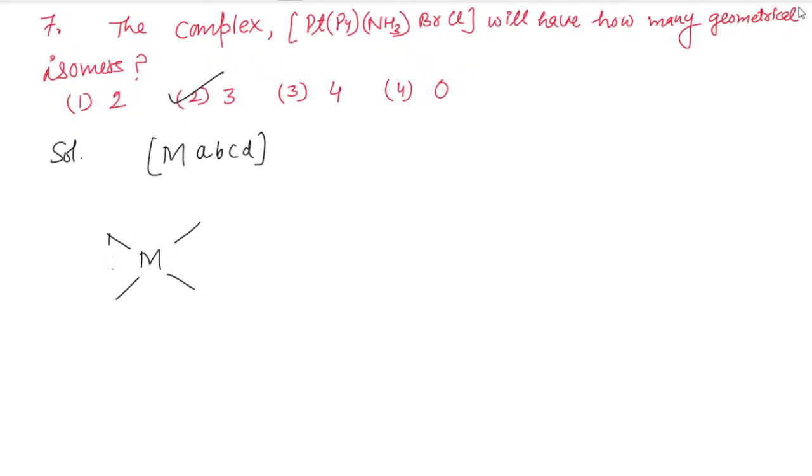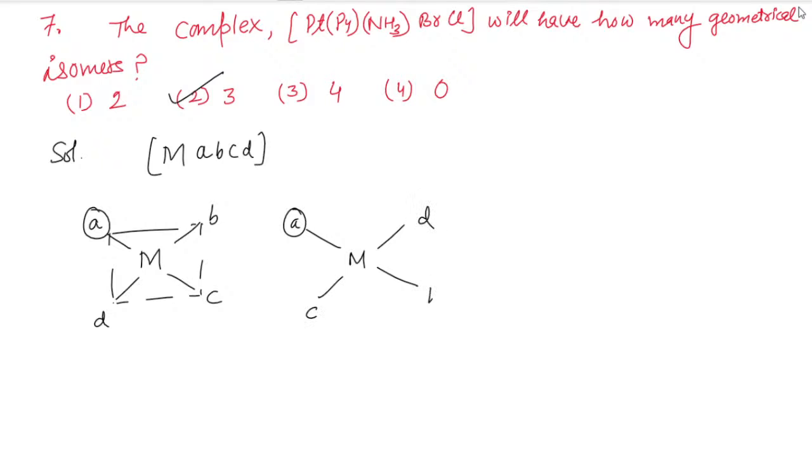It is like this. It is a very important question. Fix A, and there is B, C, D. Fix any one of the ligands. A is fixed, we rotate it clockwise or anti-clockwise.